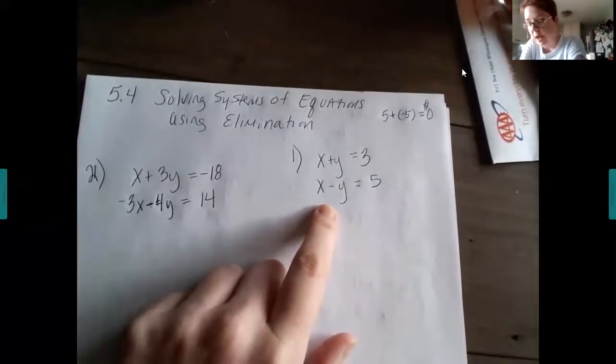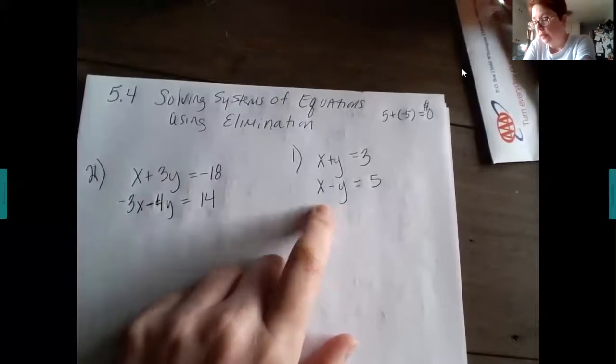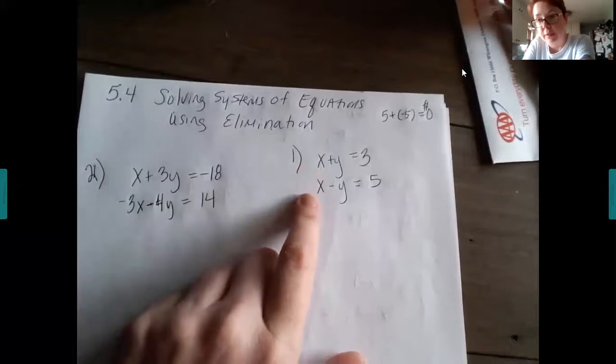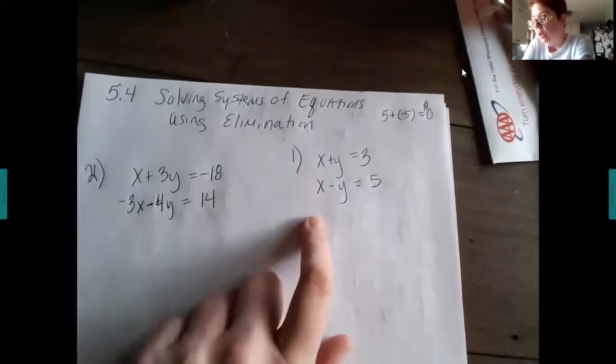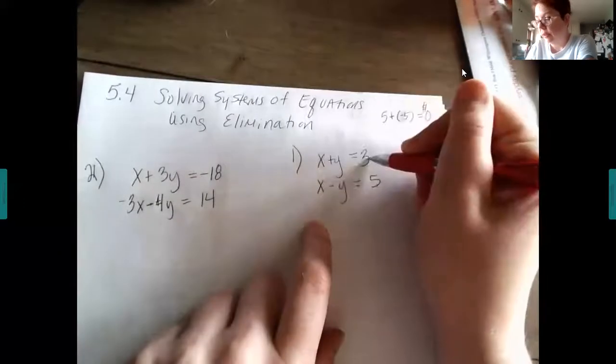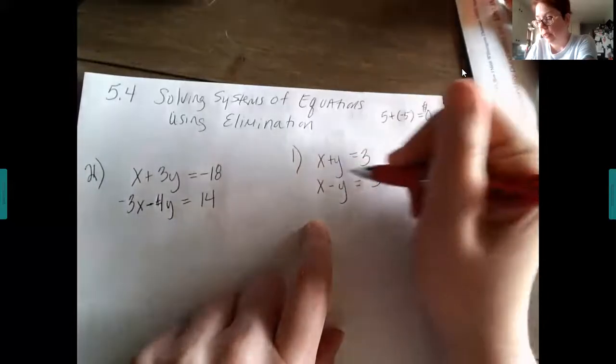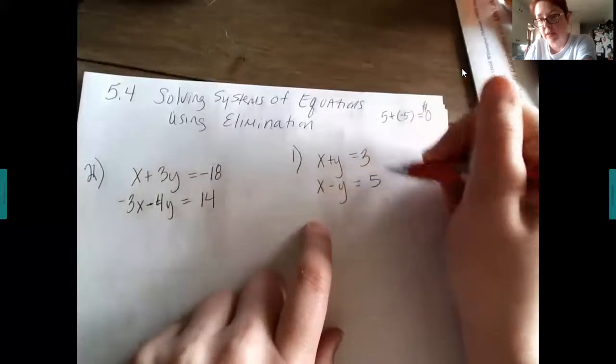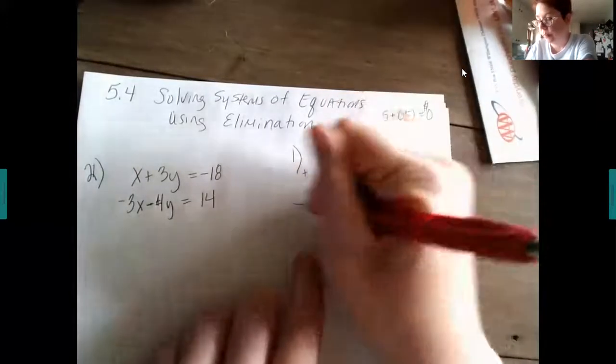Let's see what happens when we add two equations together and when it's set up for something to be eliminated, right? So I'm going to add this equation plus this equation, meaning I'm going to add my x's together, I'm going to add my y's together, and I'm going to add these numbers together.